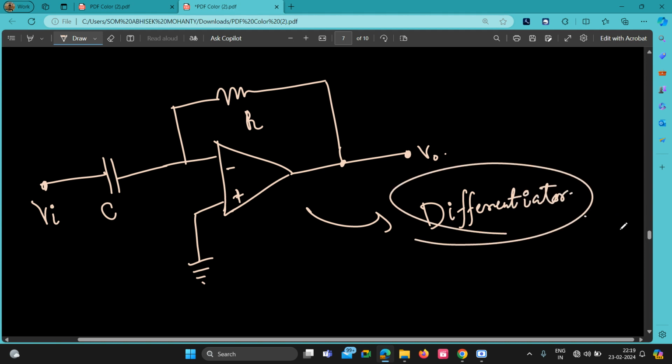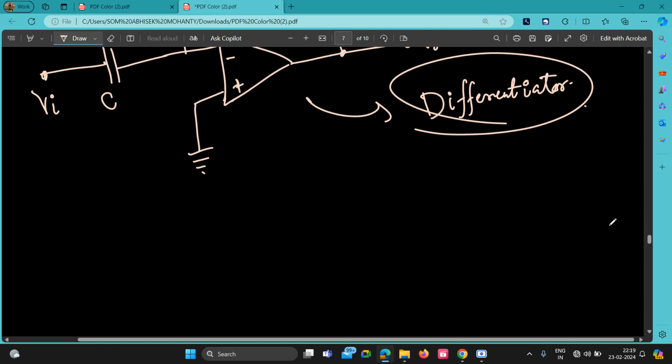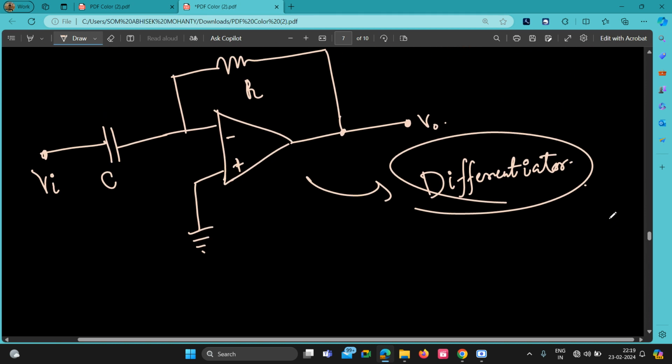A differentiator. Is that all right? Here again, the same thing will be applied.